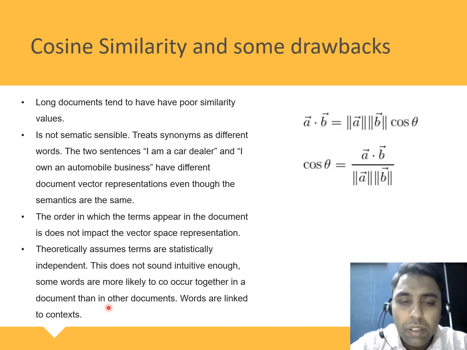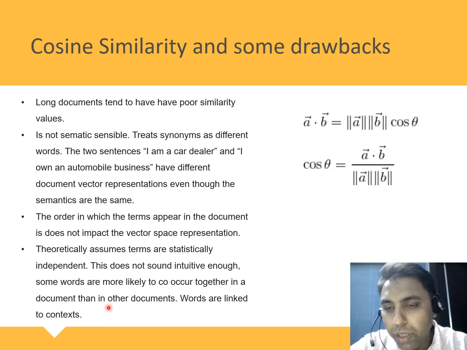For example, if you're talking about sports, then words like winning, losing, victory, competition, championship, and obviously the name of the sports. These are more likely to come, right?